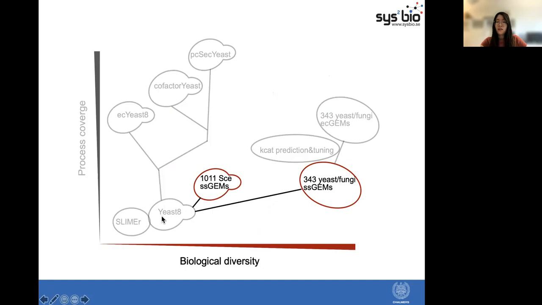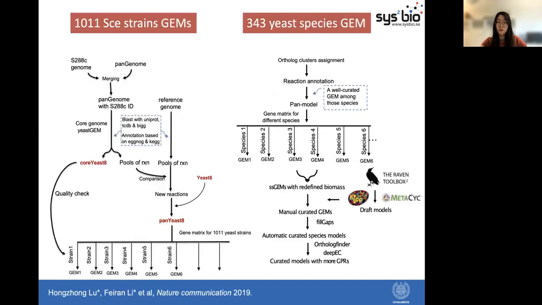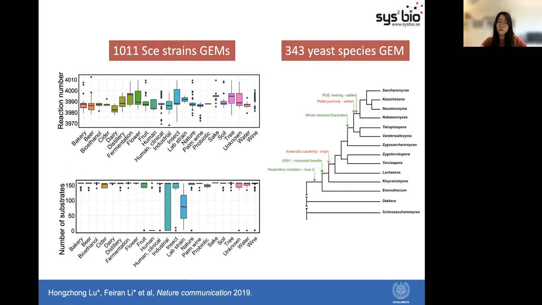After that, I decided to expand the model for baking yeast to other strains of baking yeast and other species of fungi and yeast. And the method is basically the same, except we do more refinement and curation in the yeast and fungi species model reconstruction, since compared with these different baking yeast strains, those yeast and fungi species are more phylogenetically distant.